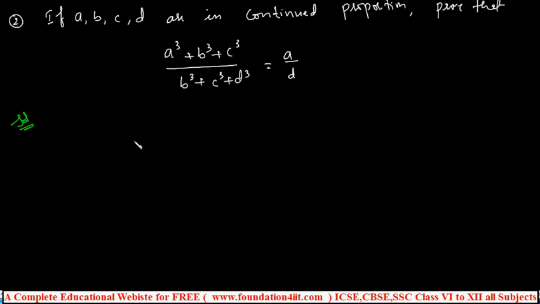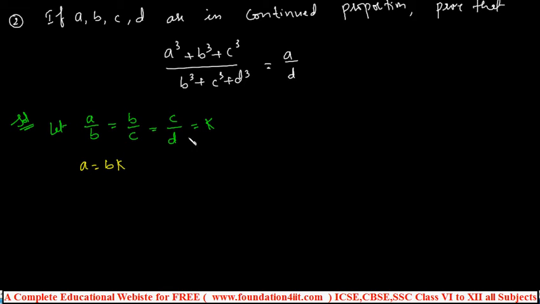Because A, B, C, D are in continued proportion, we can write A by B is equal to B by C is equal to C by D. This is for continued proportion, we learned previously. So let this be K. Now all of A, B, C will be converted into a single variable, that is, in terms of D. A by B is equal to K, right?